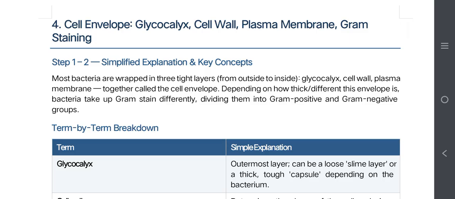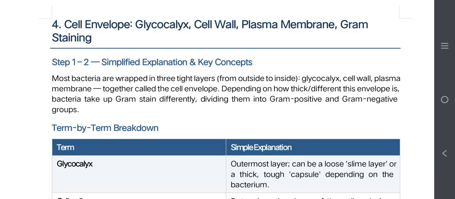Now we will talk about the cell envelope: glycocalyx, cell wall, plasma membrane, and Gram stain.